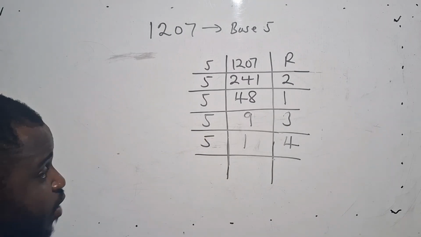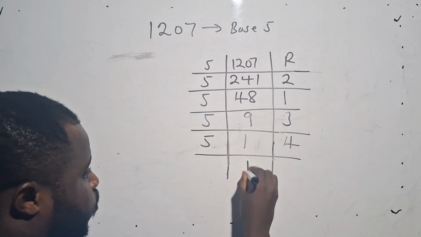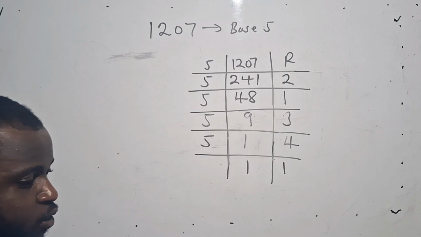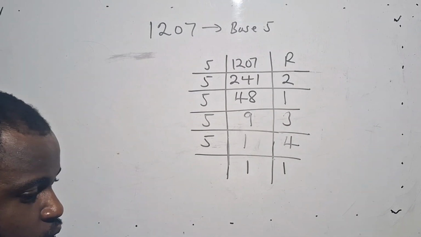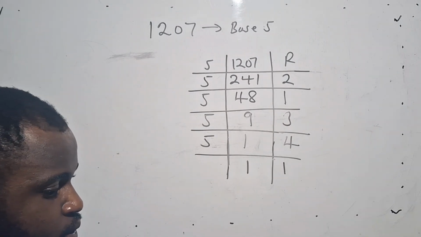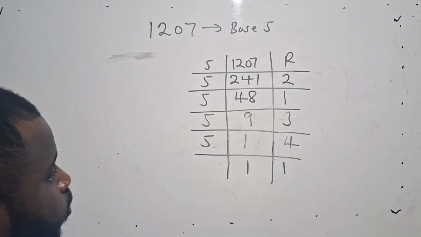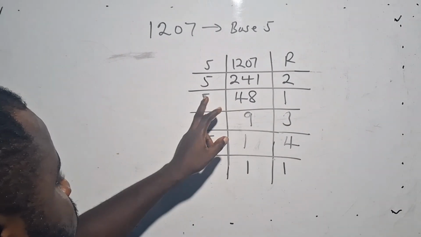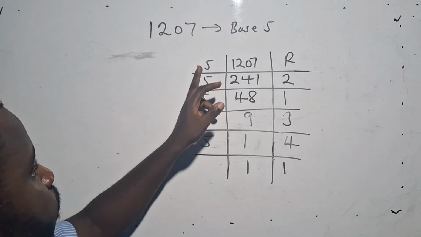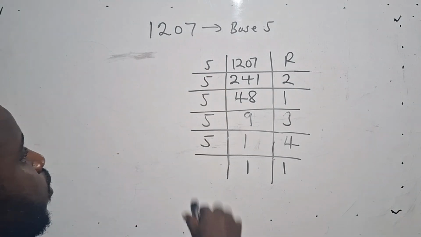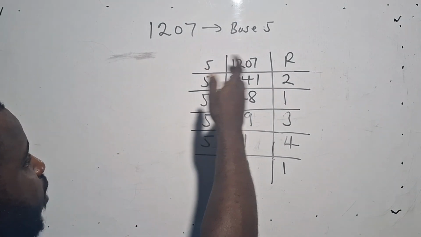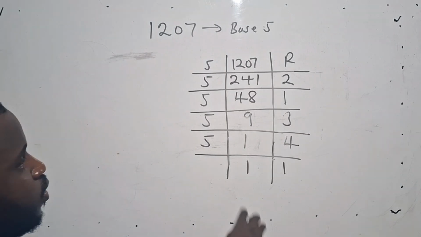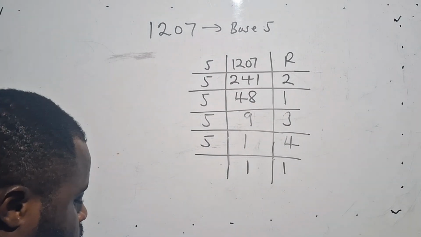Now can 5 divide 1? No. So this surplus is brought here, and I'm going to repeat it here. So let me go over this. 5 can divide 1207 241 times.